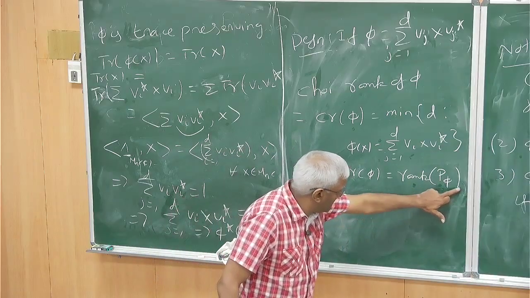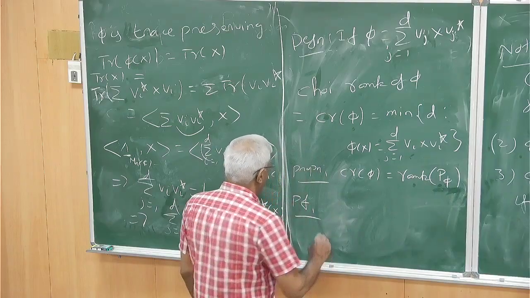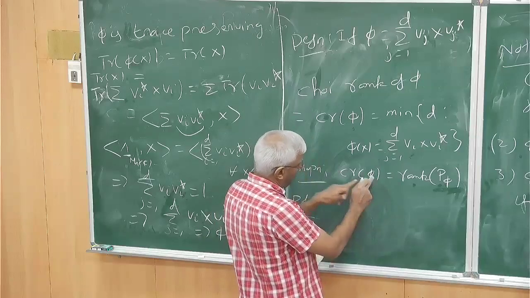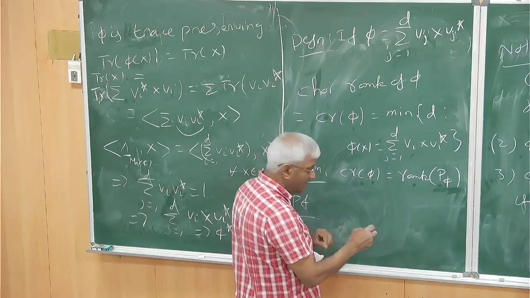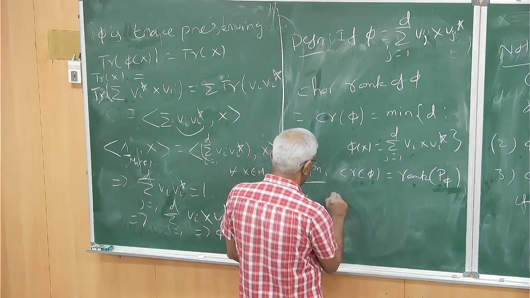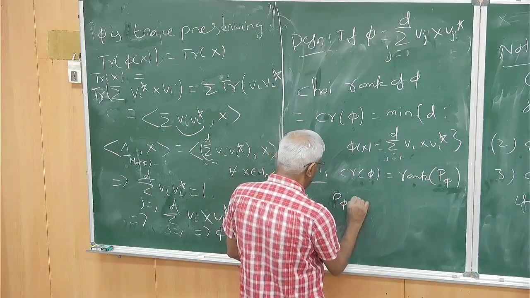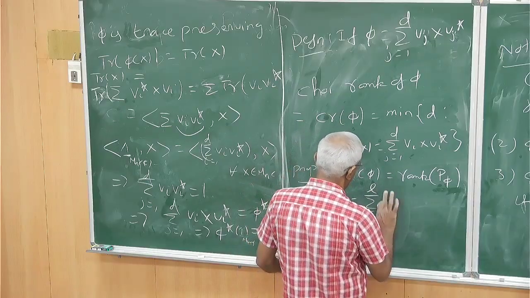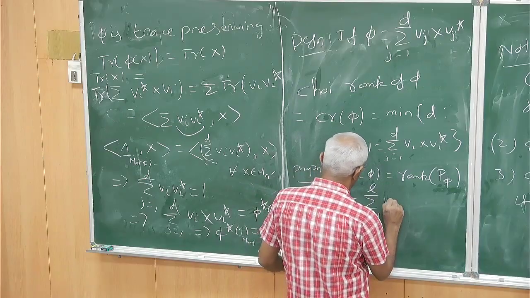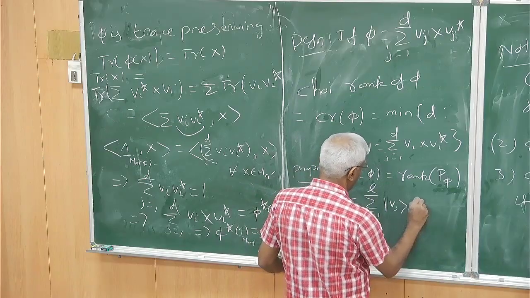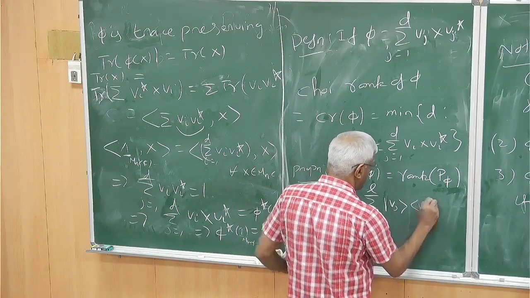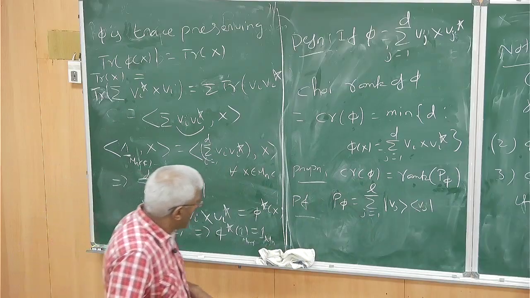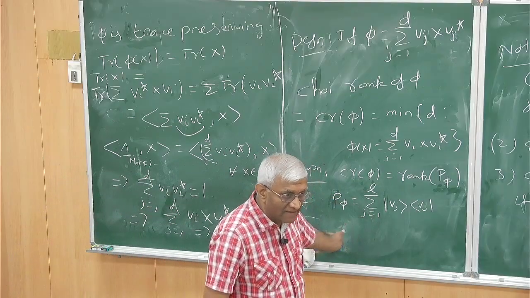First, we consider rank of P phi. We wrote P phi as summation j equal to 1 to some L of Vj. Initially, we wrote our P phi like this, and it is precisely that L which occurs in the proof.